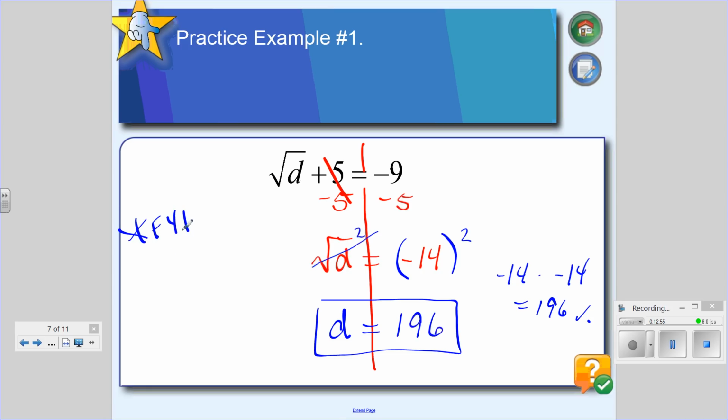So if I use the square root of 196 as 14, 14 plus 5 is obviously not negative 9. But if I say the square root of 196 is negative 14, then negative 14 plus 5 does result in negative 9, and I have found the solution. D's answer must be 196. So just a little FYI, that's a little different.